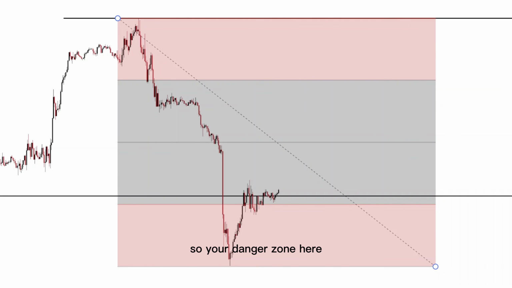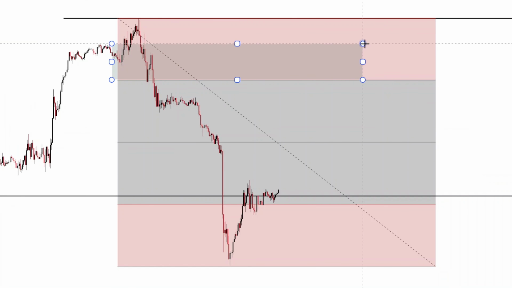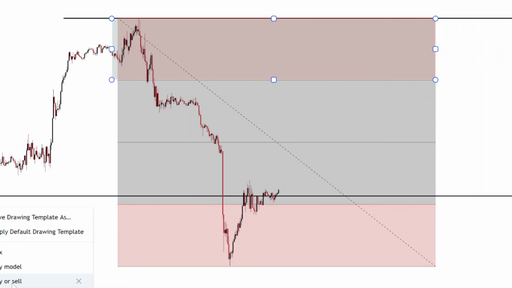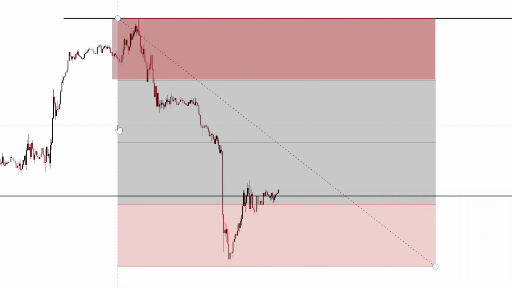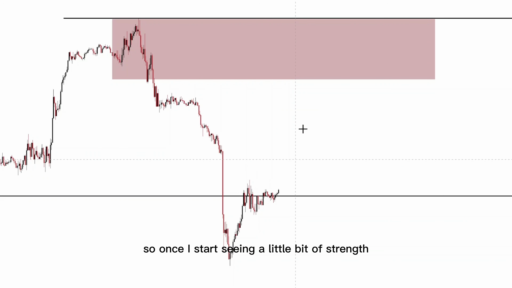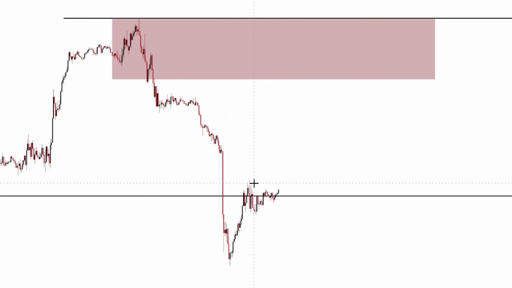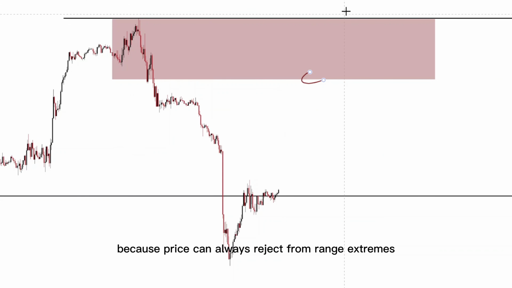So your danger zone here, this would be your danger zone. So once I start seeing a little bit of strength going bullish on a structure basis, you can say you have a bullish bias all the way up to here, because price can always reject from range extremes.